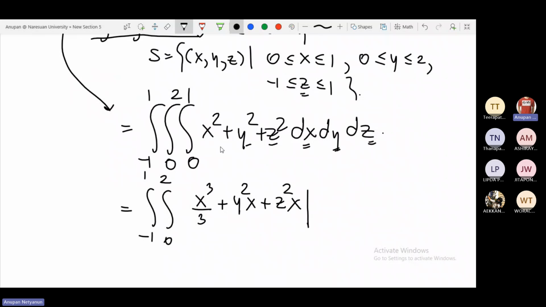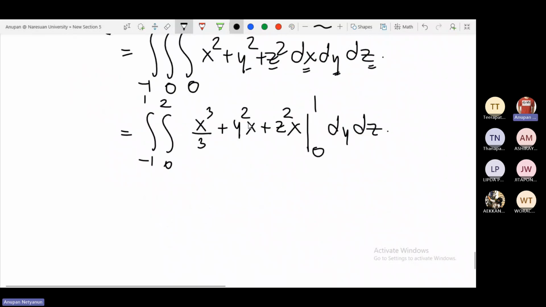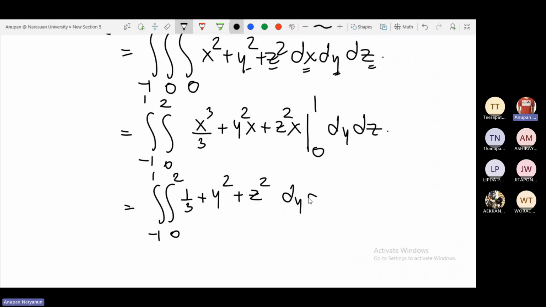So the running number is from 0 to 1, dy dz. Plug in 1 minus plug in 0 for x. Plug in 1, you have 1 over 3, y squared, z squared. And minus, plug in 0 for x, everything is 0. So you are left with the integral from -1 to 1, dy dz.